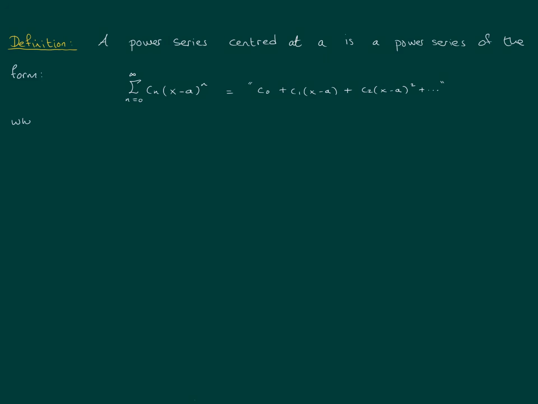Just to introduce some terminology, A is a constant, x is a variable, and the Cn's are constants called the coefficients of the power series.